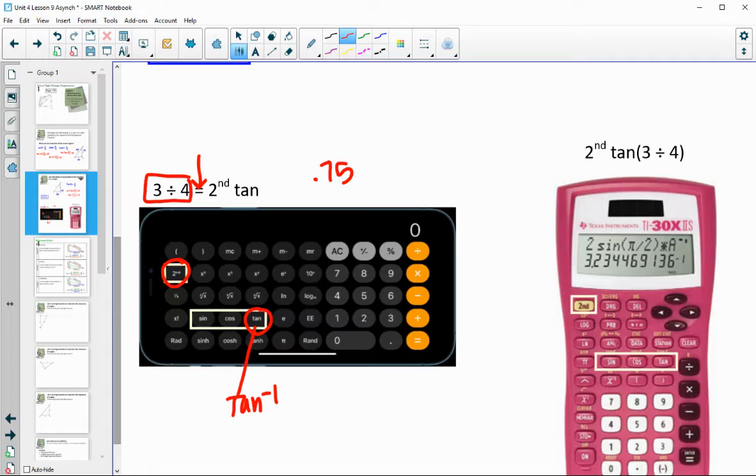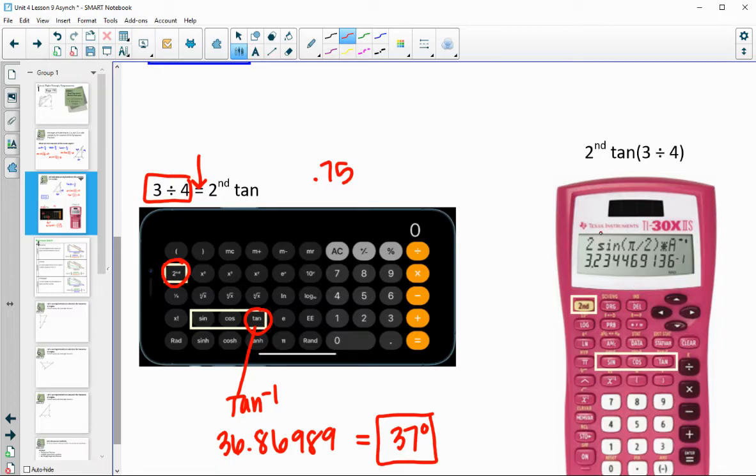Make sure you try this right now and that you get an answer of 36.8 or 36.9. So in your calculator, it will say this. Then we'll say that's 37 degrees, but make sure that you know how to do that. If you don't, be sure to ask what calculator you're using so you can get the correct answer.